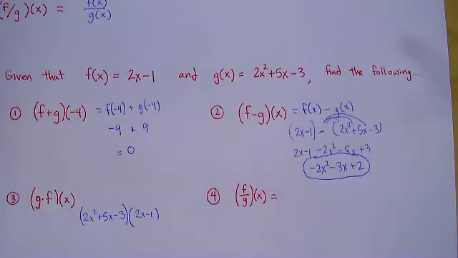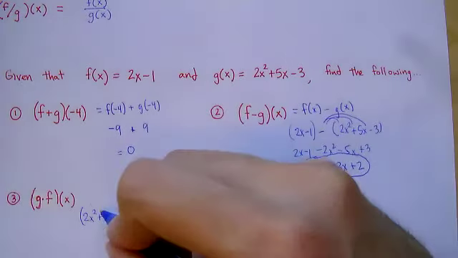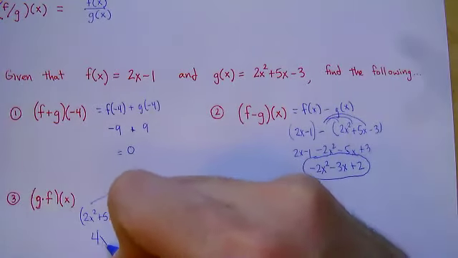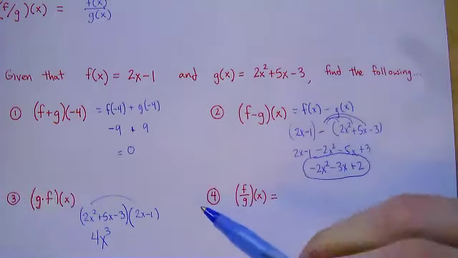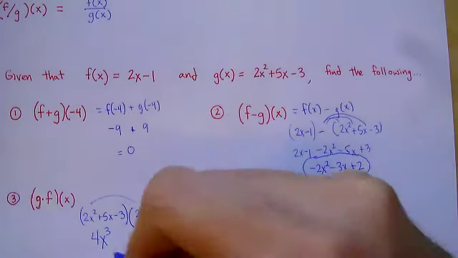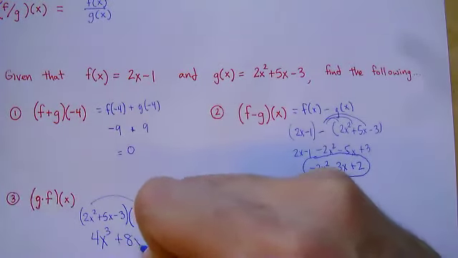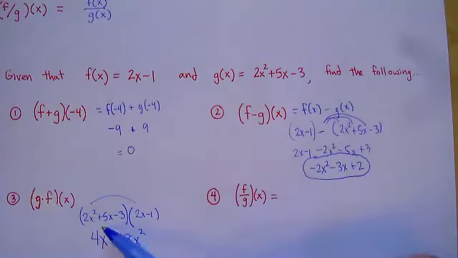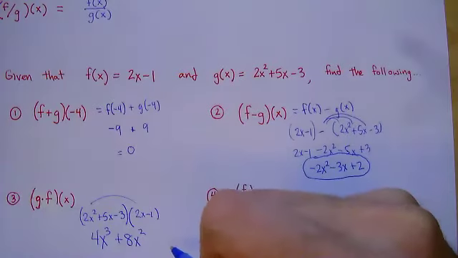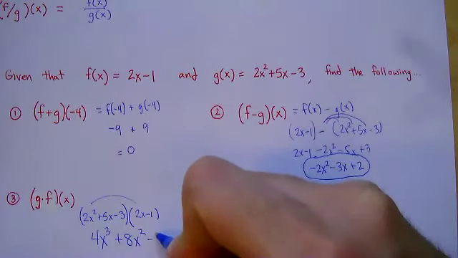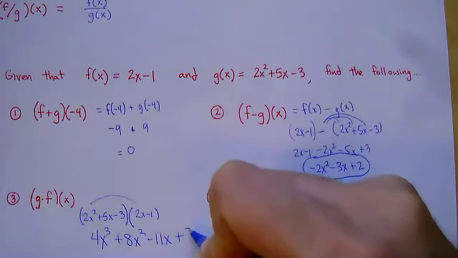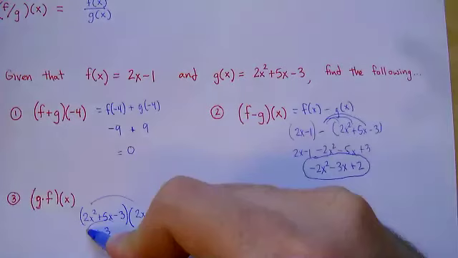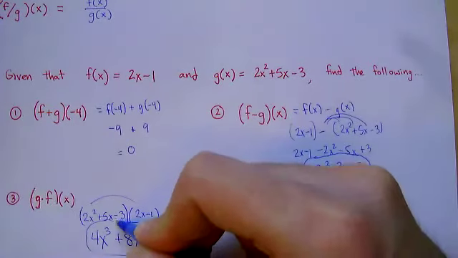And multiplying those together is just doing FOIL, which again is a review of a concept that we already know. So if you start doing your FOIL here, you're going to get a 4x to the third. Let me see if I can skip my steps and just put the final answer. You'll end up with 8x squared when it's all done for that part. Then we'd be looking at a minus 11x and a plus 3. So I tried skipping some steps there, but when you do your FOIL, that's what you'll end up getting when you combine like terms.